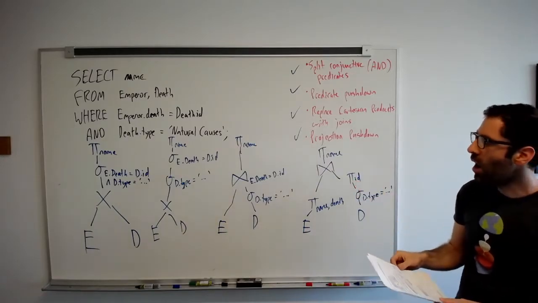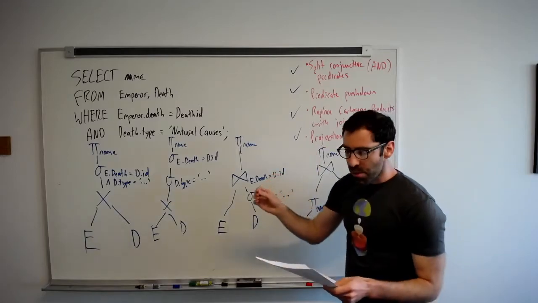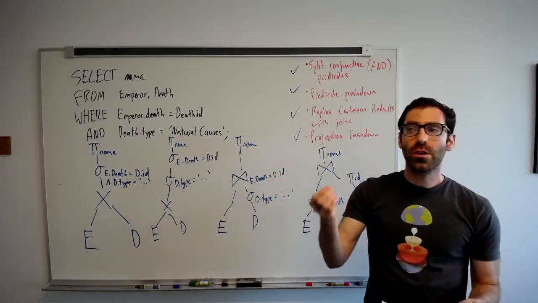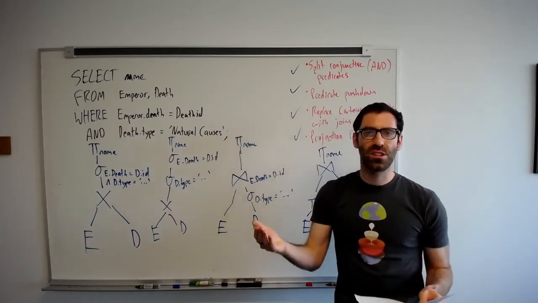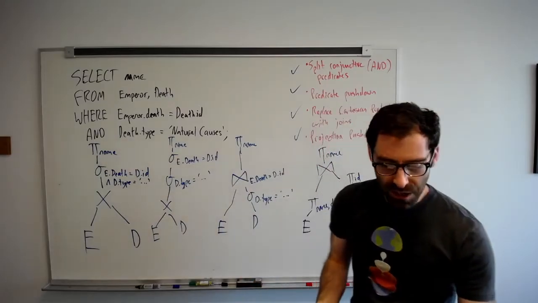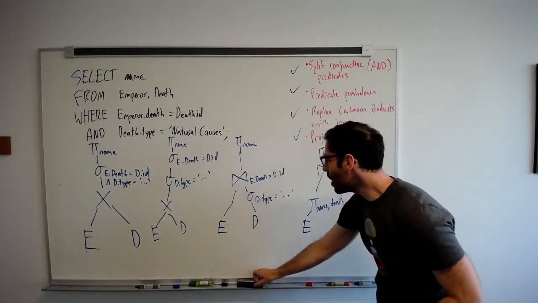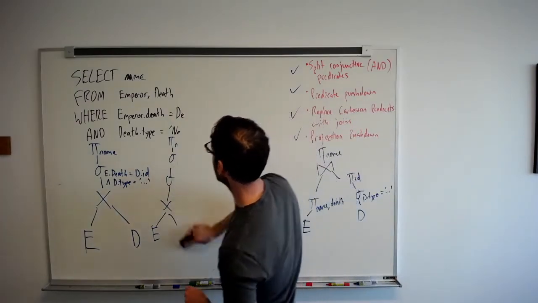So another thing that we might try and optimize is identify when queries involve predicates that we don't need or that we can combine in some way. So let me give you some examples.